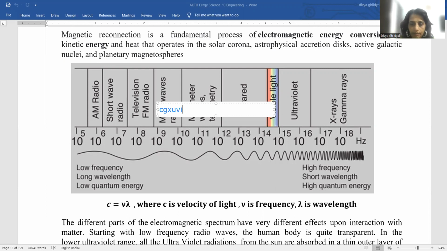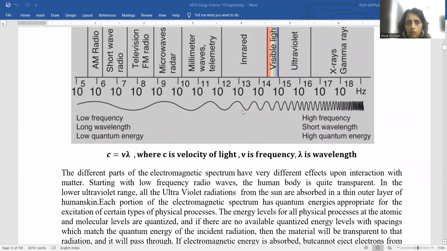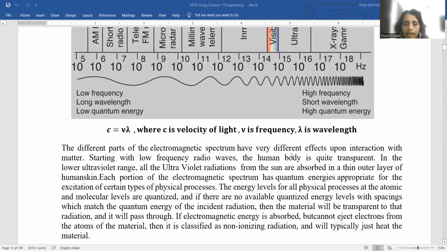You can make this diagram in your 10-mark answer in order to get marks, and if you can't remember this scale, just show how it goes from lower to higher. The different parts of electromagnetic spectrum have different effects upon interaction with matter. Starting with the very low frequency radio waves, the human body is quite transparent to it.